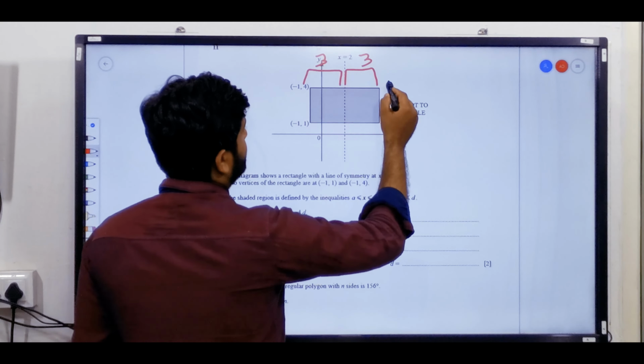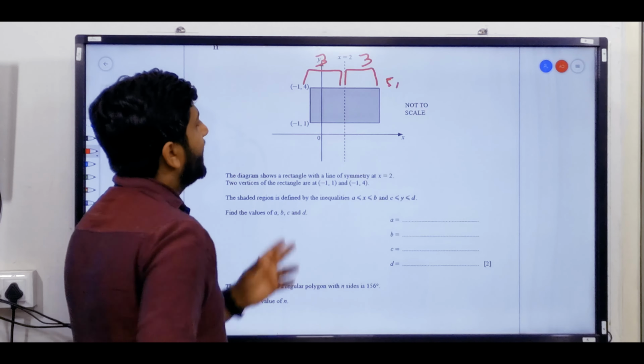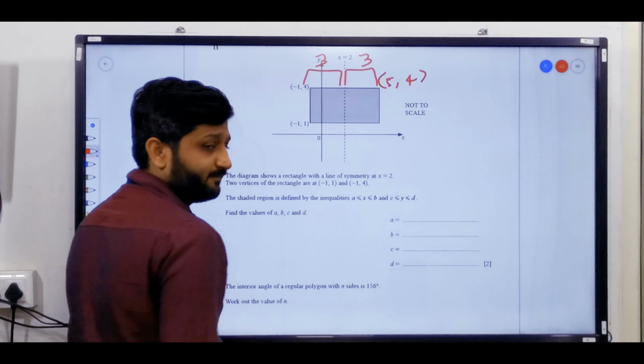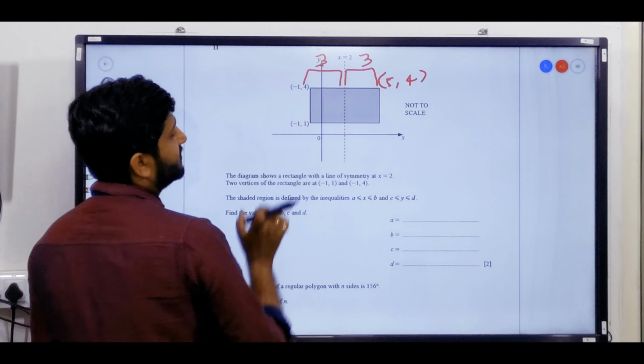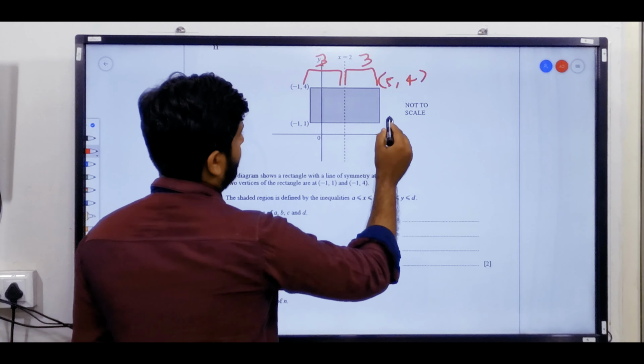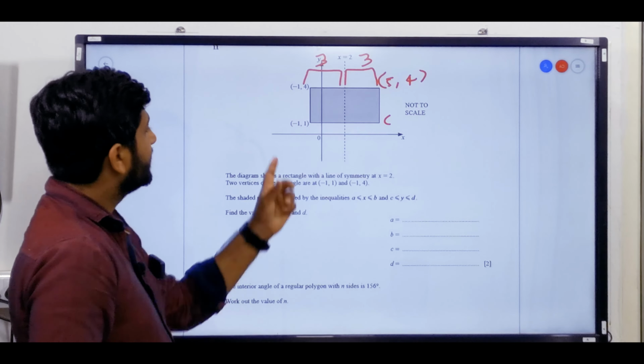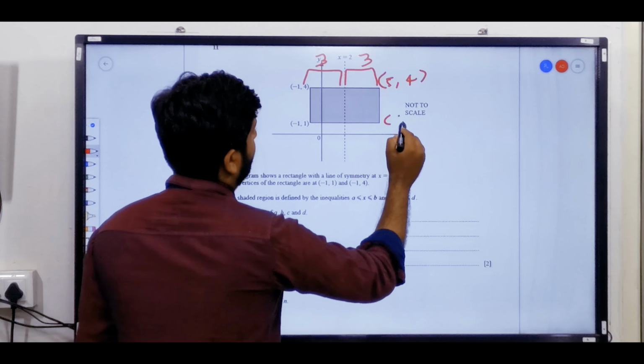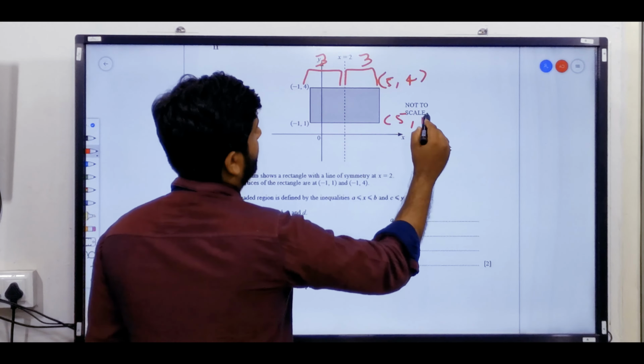So here my x point should be 5 and y is not changing. So this coordinate will be (5, 4). Same way here the difference is also 3, so my x will be 5 and my y will be 1.